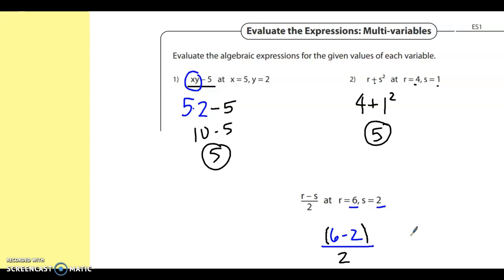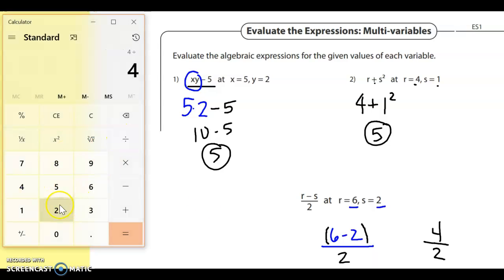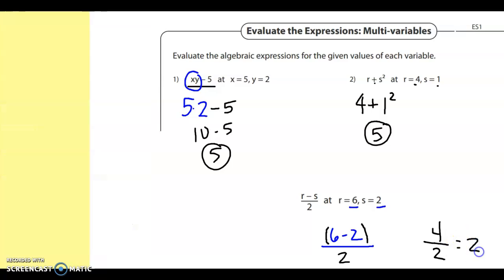We take care of any groupings on the top or the bottom of divisional fractions. So in this case, 6 minus 2 is 4 over 2, divided by 2, however you look at it. And then 4 divided by 2, again, simple mental math, or you can grab a calculator and put that in. And we get the final answer of 2.